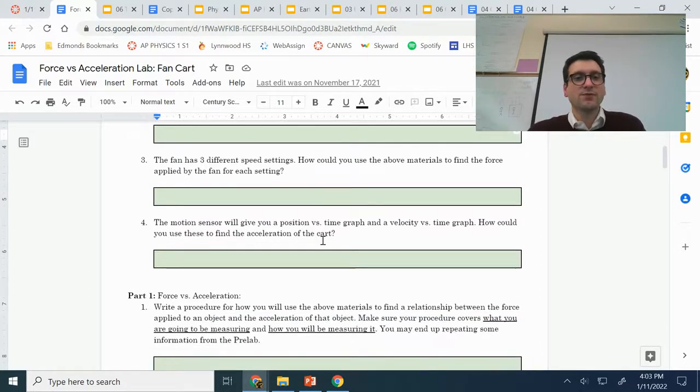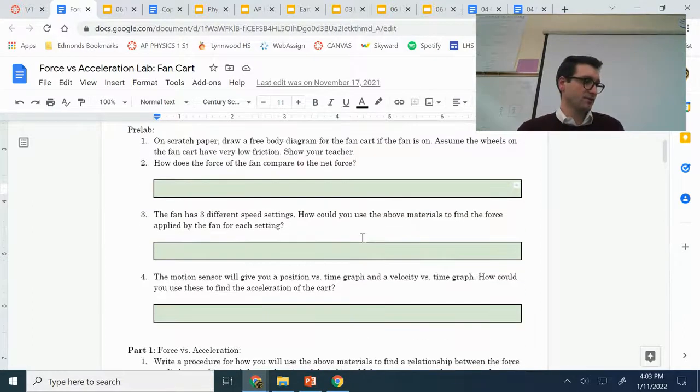And then the last one, number 4, says the motion sensor will give you a position versus time graph and a velocity versus time graph. How could you use these to find the acceleration of the cart? To answer that question, you have to think back to our kinematics unit, and think about how you get acceleration from one of those graphs.